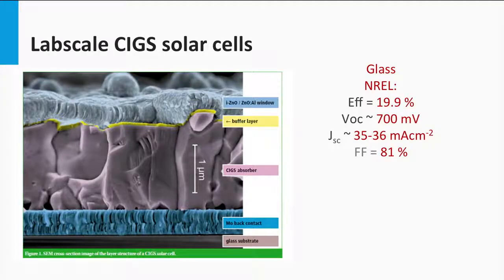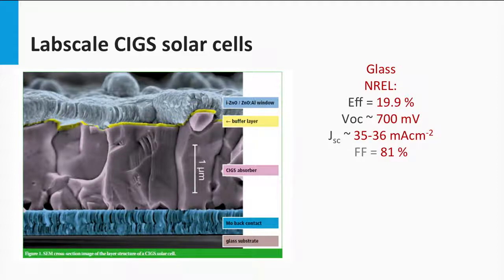An important advantage of the CIGS PV technology is that, on a lab scale, it has achieved the highest conversion efficiencies among the thin film solar cells. Lab-scale CIGS solar cells processed on glass have a record efficiency of 19.9% as achieved by National Renewable Energy Lab in the US.